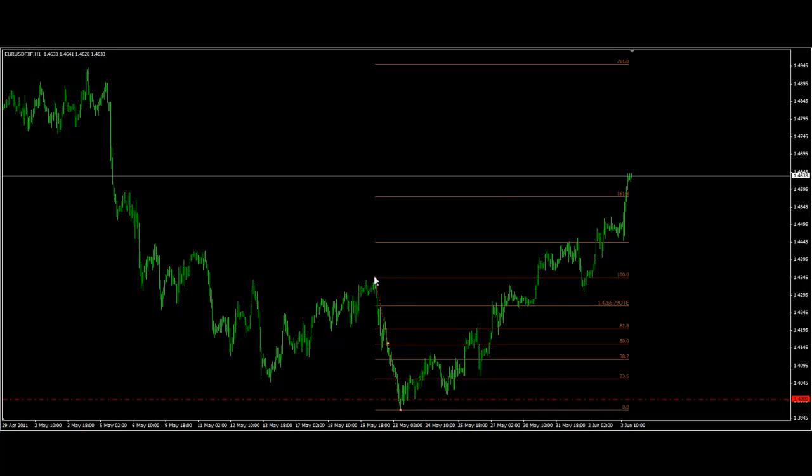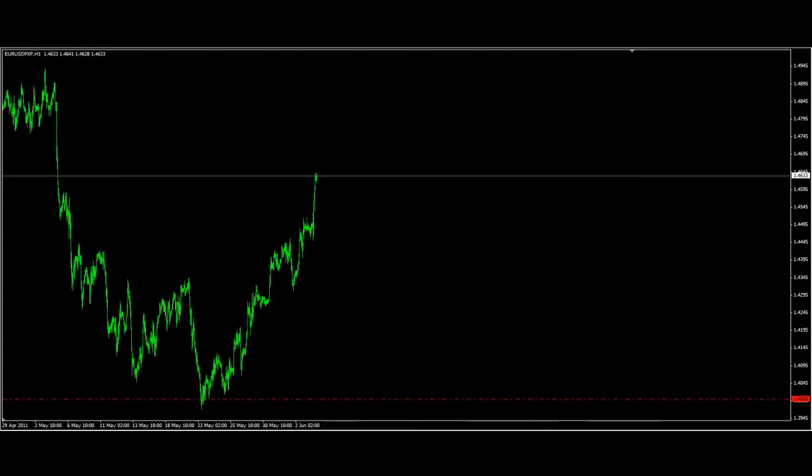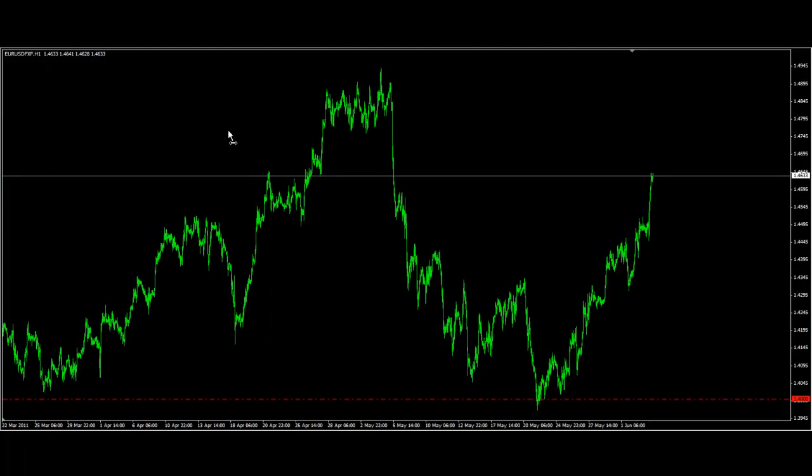Now how did I get to that price level? Well, let's zoom out just a little bit. See this high here? See this low here? See this high here?